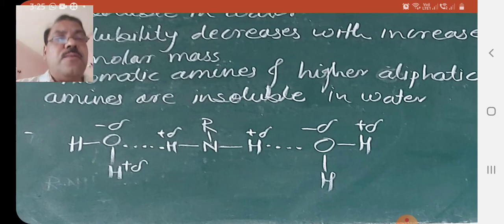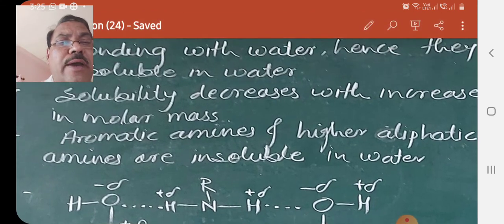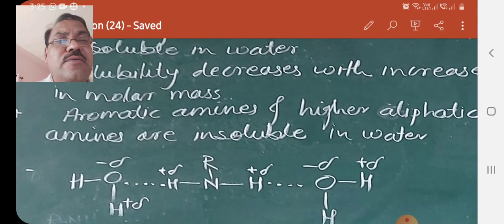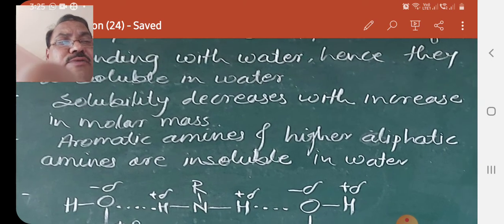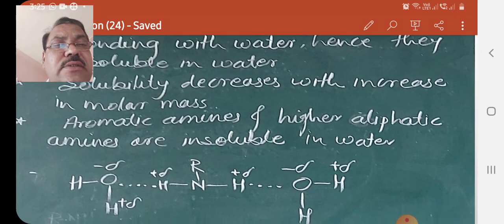So the lower amines are soluble in water, but their solubility decreases with increase in molar mass.